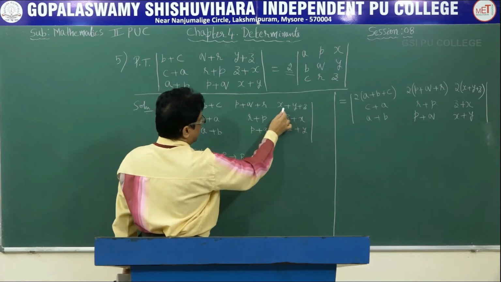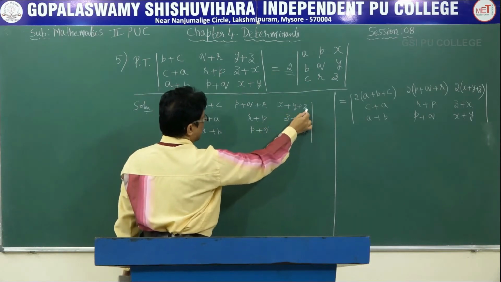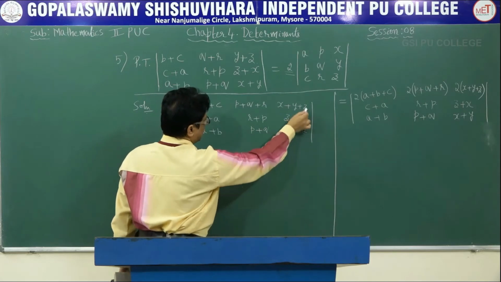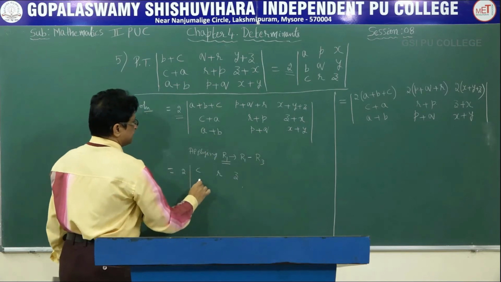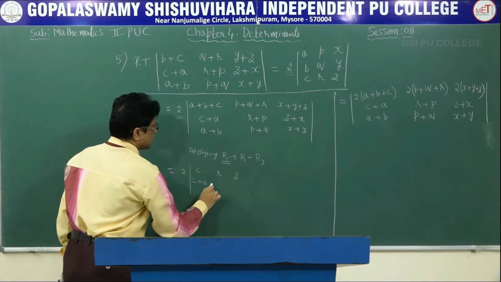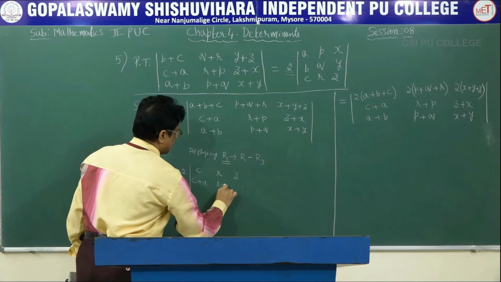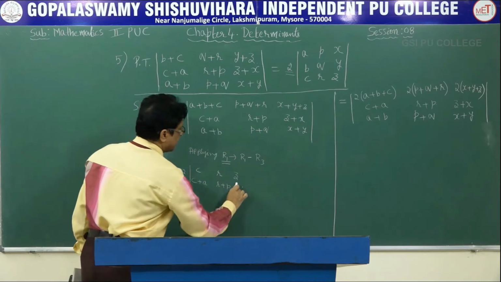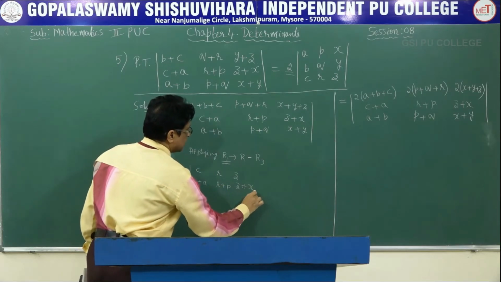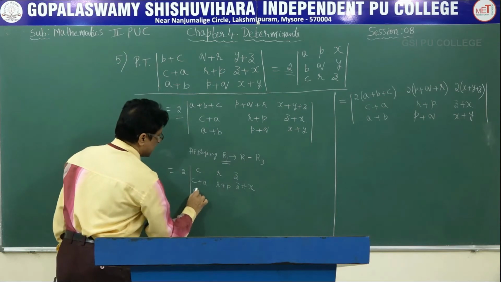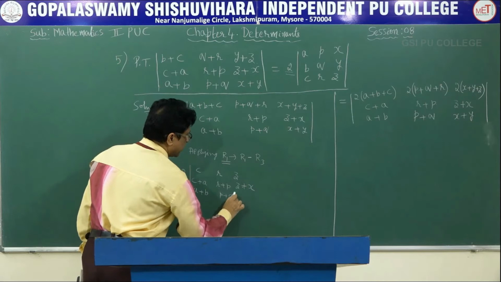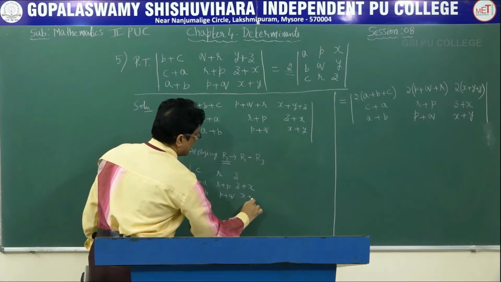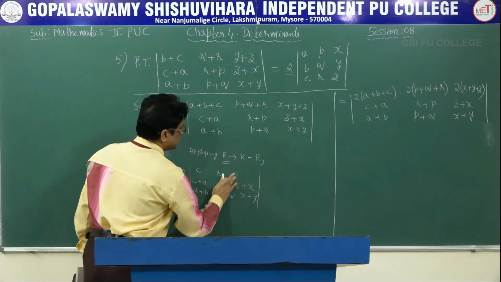Similarly, here x plus y plus z minus x plus y, the remaining element we get is z. So c plus a, r plus p, z plus x, a plus b, p plus q, x plus y.